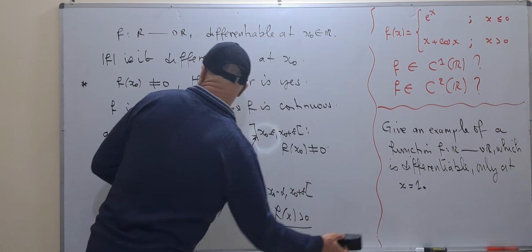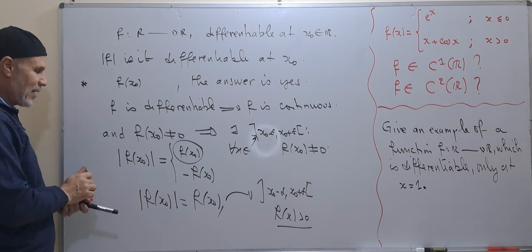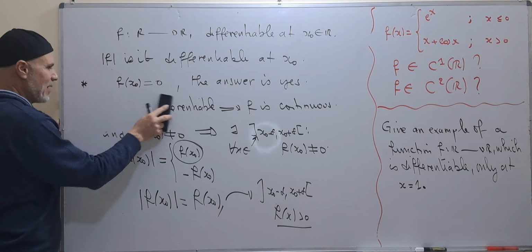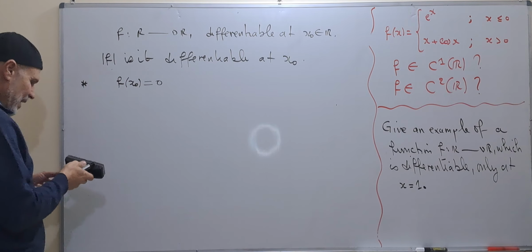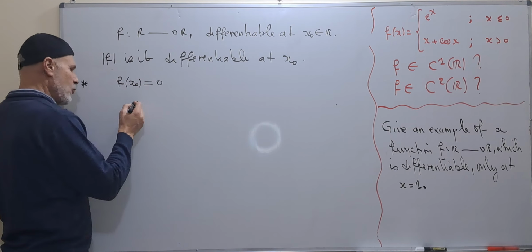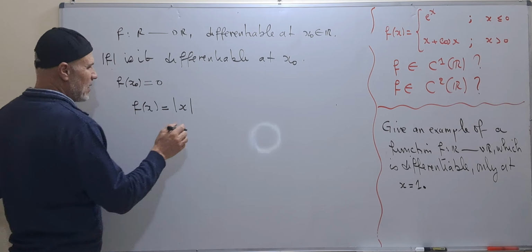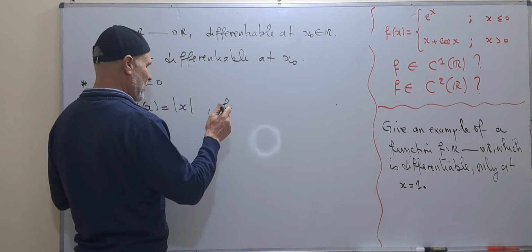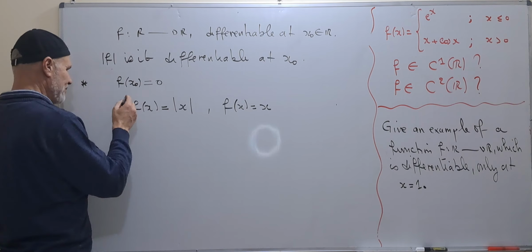The second case, if f of x0 is equal to 0, here it is not conclusive, so it depends on the cases. We take the first case, f of x equal to x. So the absolute value of f, which is equal to x, is differentiable.